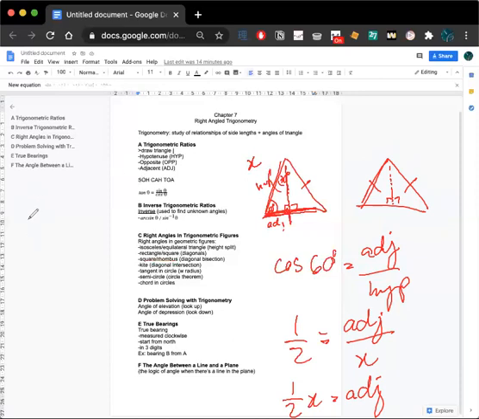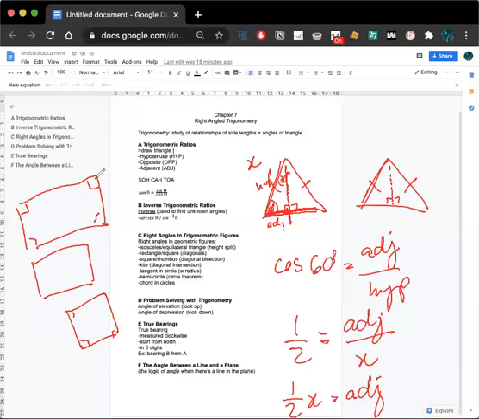So in the case of rectangles or squares, since all the angles are 90 degrees, you can divide it into two, pull a diagonal on them, and it would turn into two right angled triangles.